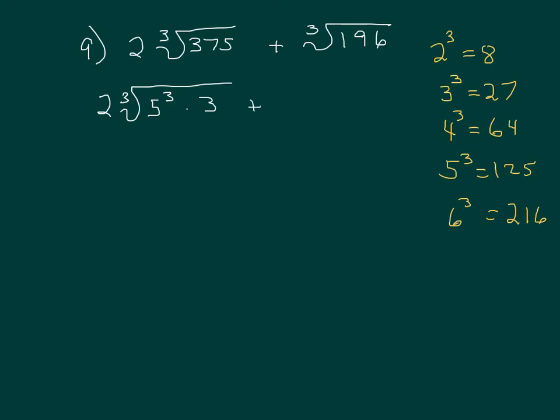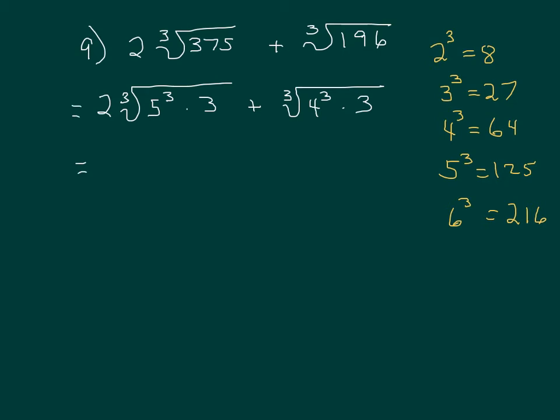And then 196, we can see that 125 doesn't go into it, but 64 does. 4 cubed is 64, and 64 goes into 196 3 times. So we can rewrite this term as 4 cubed, which is 64, times 3.